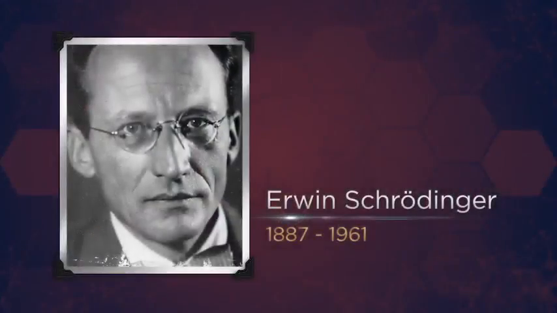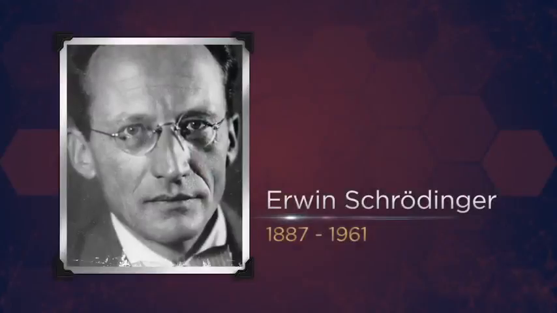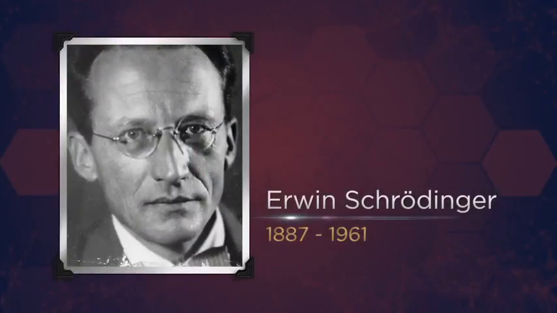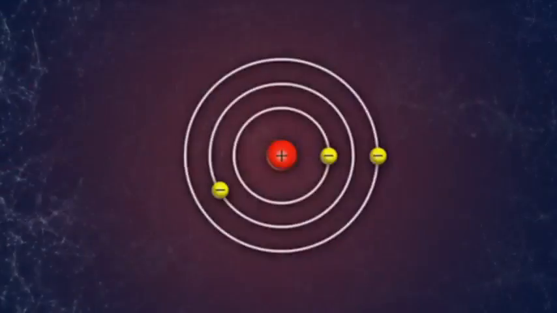The final piece of the electron puzzle was theorized by Erwin Schrödinger, an Austrian physicist. In the aftermath of Albert Einstein's groundbreaking theory about the duality of light, and de Broglie's revelation that duality extends to all matter, Schrödinger began to wonder, how might the wave nature of electrons dictate their behavior in atoms?